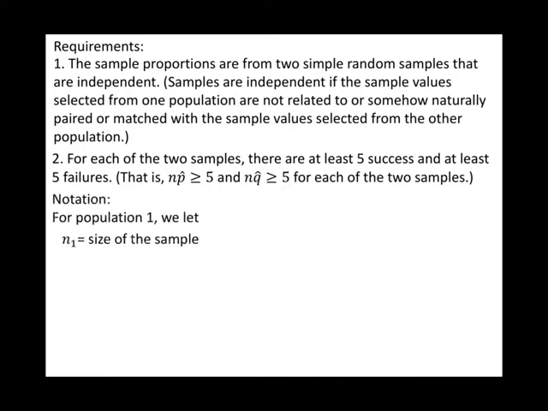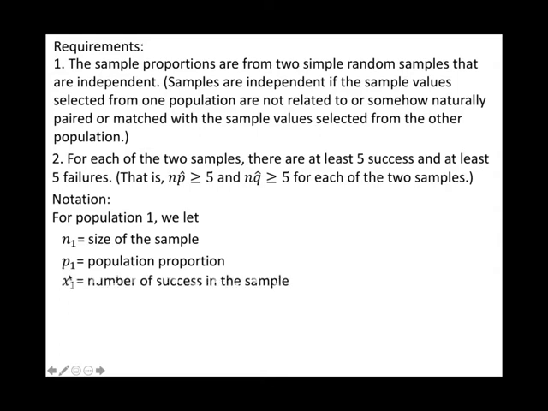Okay, notation. So N stands for the size of the sample. Again, if this is working for population 1, we're going to put the 1 in here. P1, that's a population proportion. X1, that's the number of successes in the sample.